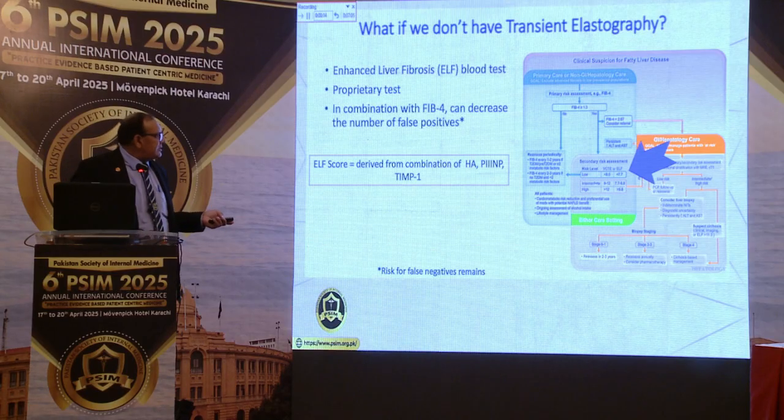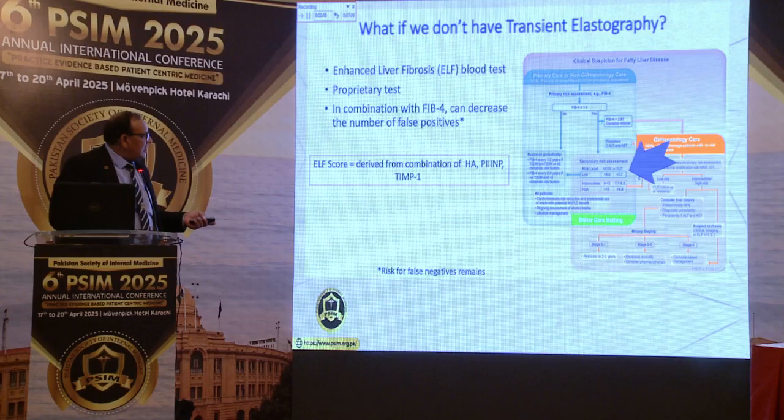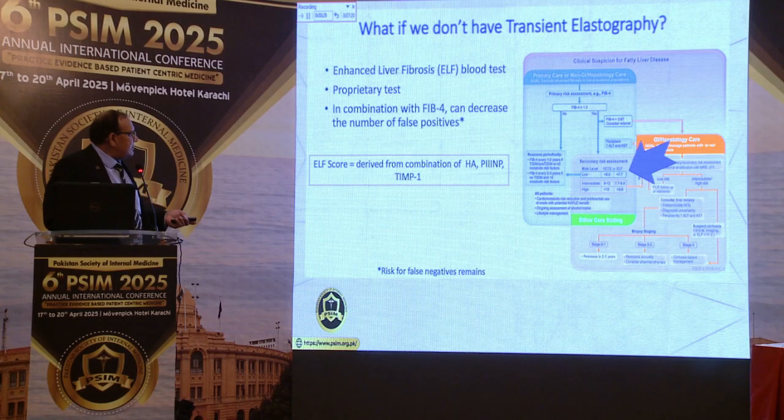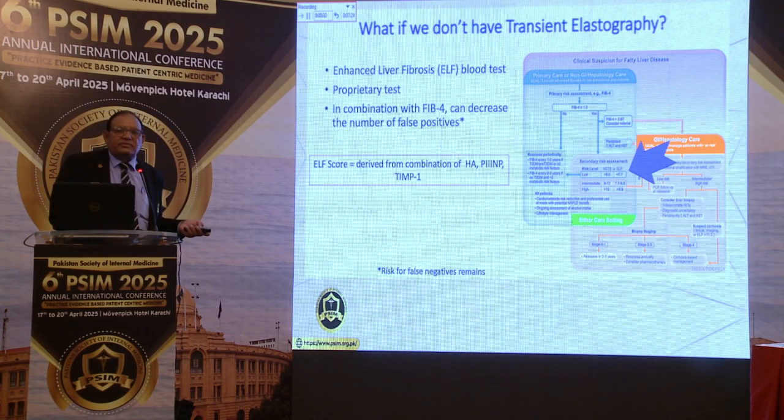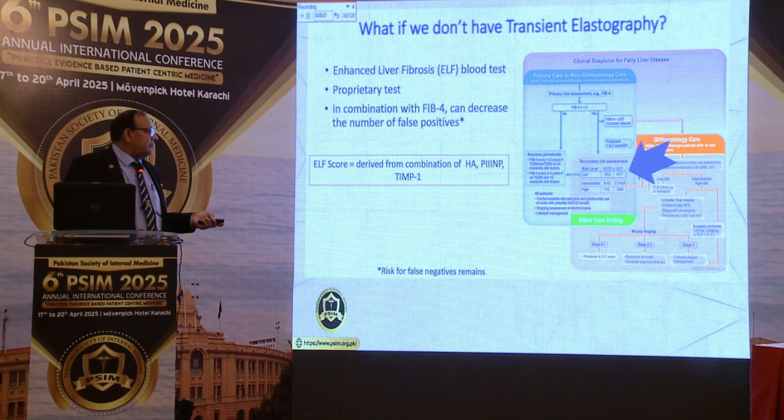If it is 7.7 to 9.8 or more than 9.8, then again we will have to send the patient to hepatology for liver biopsy. If it is less than 7.7, then the patient is low risk, and you can advise lifestyle modifications and weight reduction, and the patient can be managed by the primary care physician.